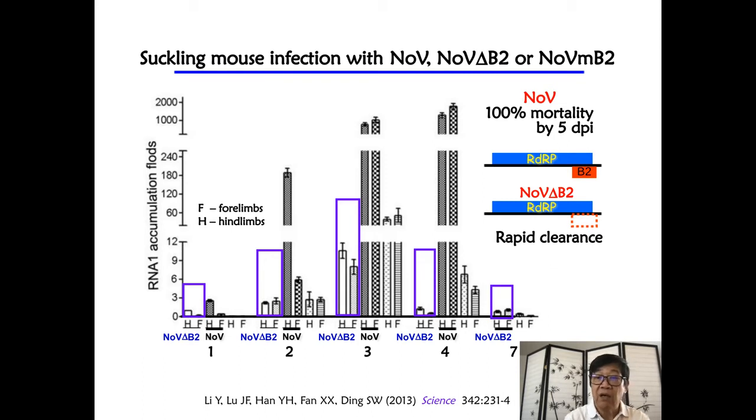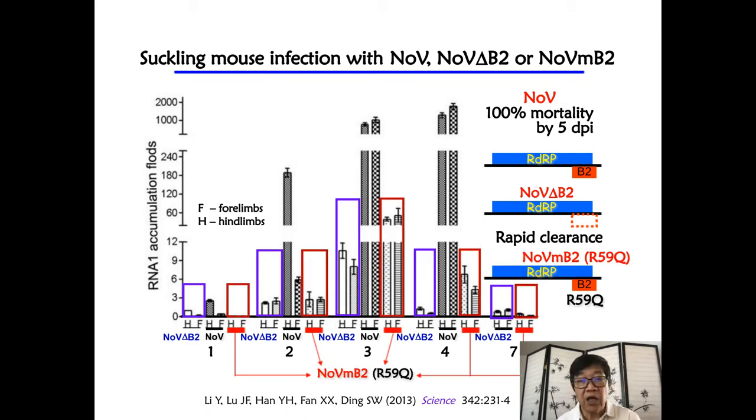We further rescued another mutant virus by introducing a single amino acid R59Q mutation at position 59 of B2. This virus we called NB2 mutant virus. And again, the mutation does not impact the RdRP sequence encoded in the overlapping reading frame. As you can see, this NB2 mutant virus behaves very similarly to the Delta B2 mutant virus.